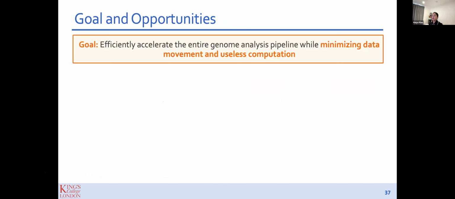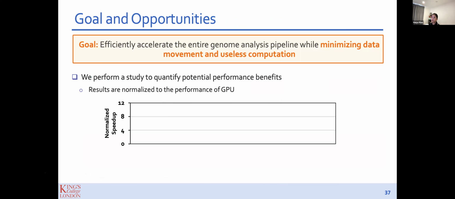The goal of this work is to efficiently accelerate the entire genome analysis pipeline while minimizing the data movement and the useless computation. We perform a study to quantify the potential performance benefits. Results are normalized to the performance of GPU.